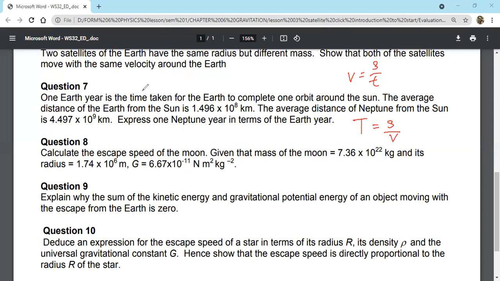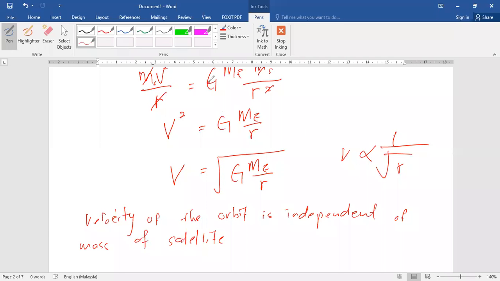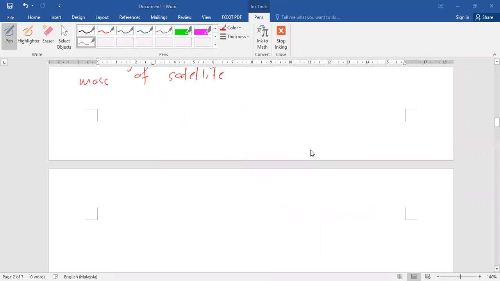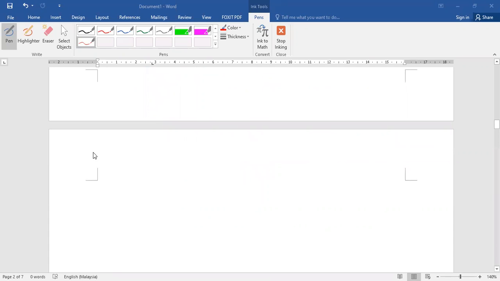Express 1 Neptune year in terms of Earth years. So we need to compare. Now let's go through the question. Question number 7.